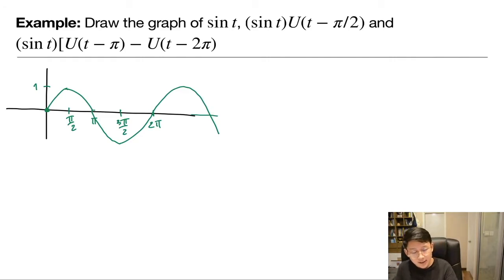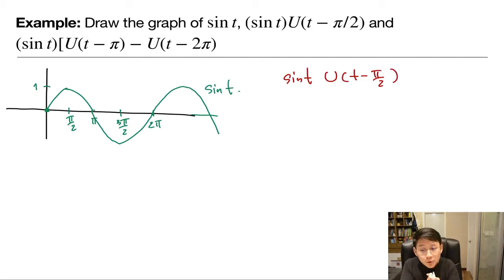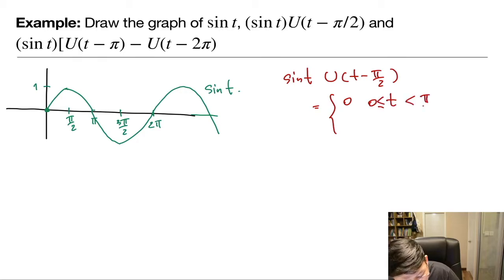Okay, that's sin(t). Okay, so if you want to draw a graph of sin(t)u(t-π/2), it means that u(t-π/2) would be 0 when t is less than π/2, and it would be 1 when t is bigger than π/2. So if you have π/2 here, sorry, it's not 1.